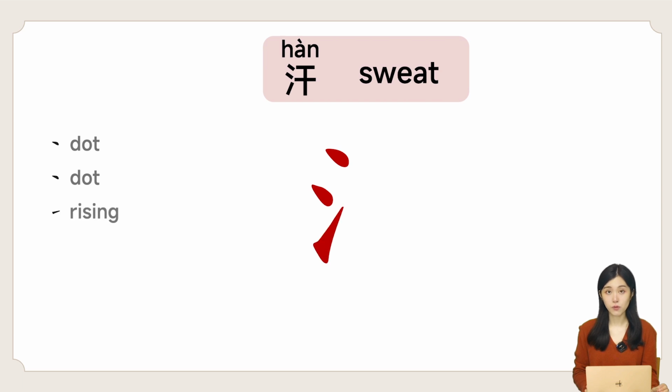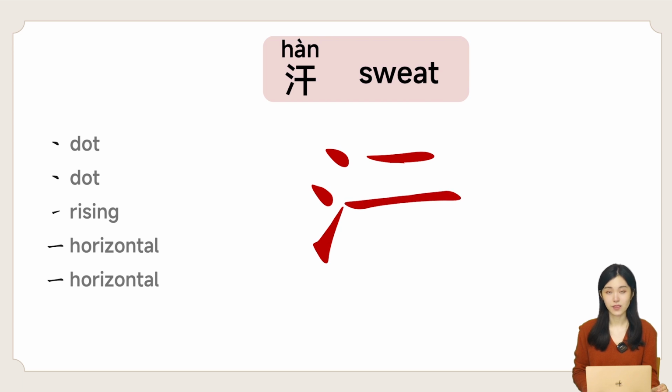Now we move on to write the right part of this character. The horizontal stroke on the top, and then a horizontal stroke below it. The last stroke is the vertical stroke going through these 2 horizontal strokes.